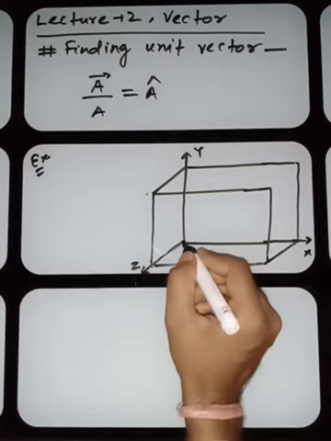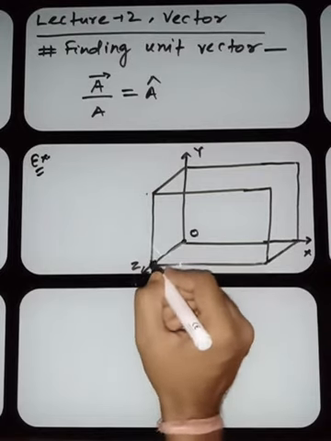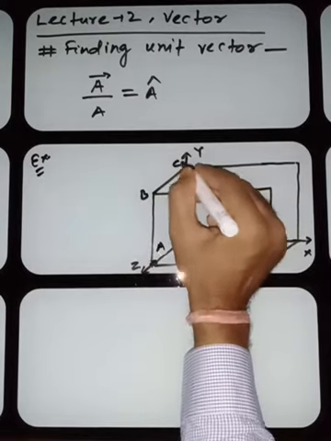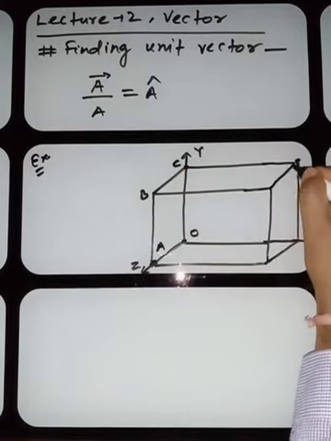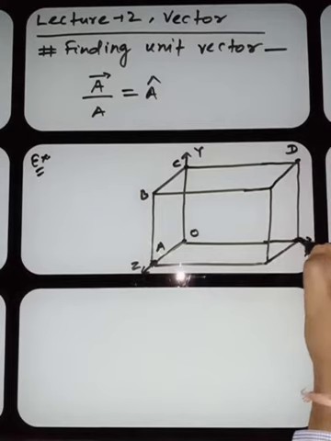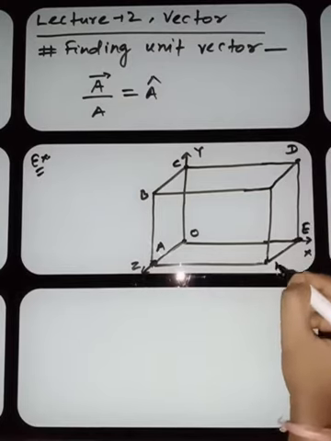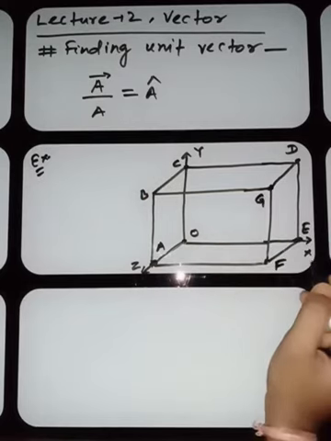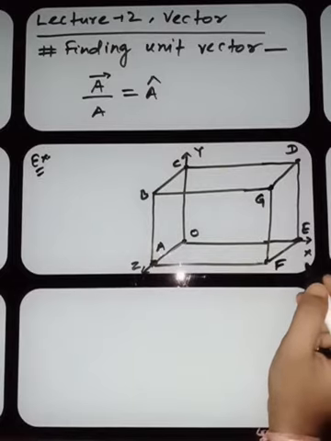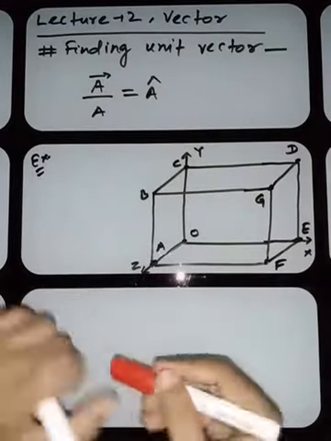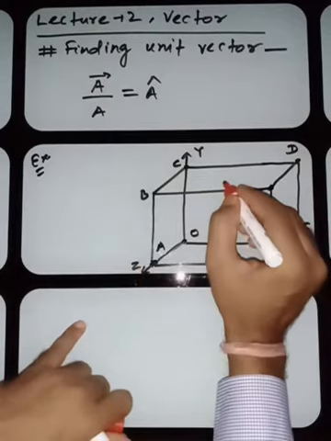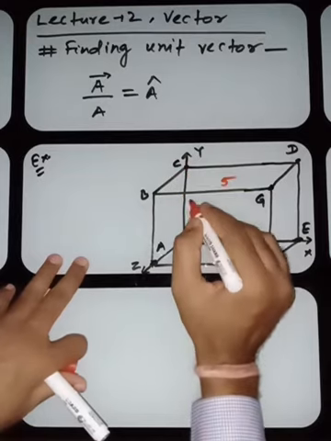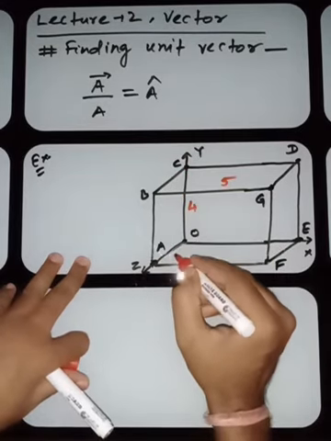All right, my dear students, this is point O, A, B, C, D, E, F, and Z. Now the value of this side is 7, this side is 5, this side is 4, and this side is 2.